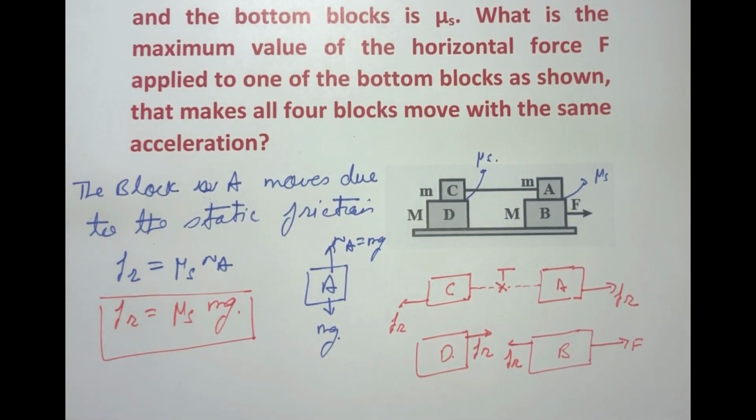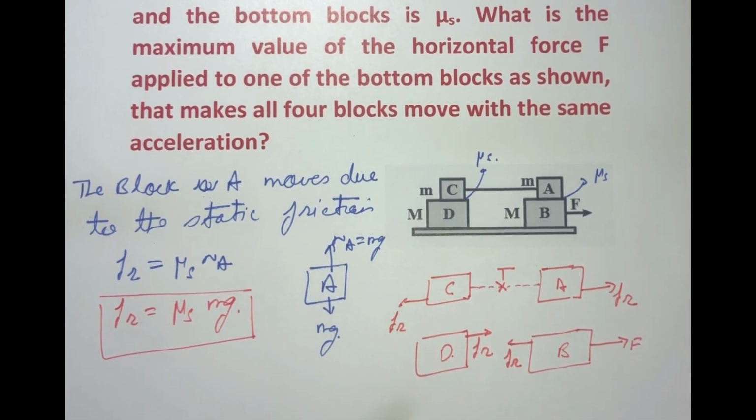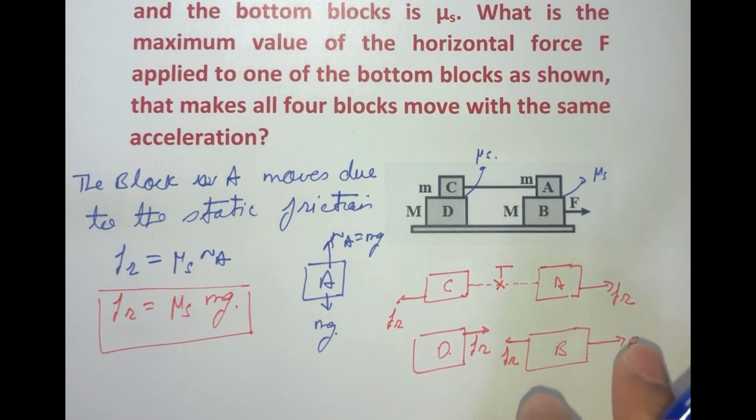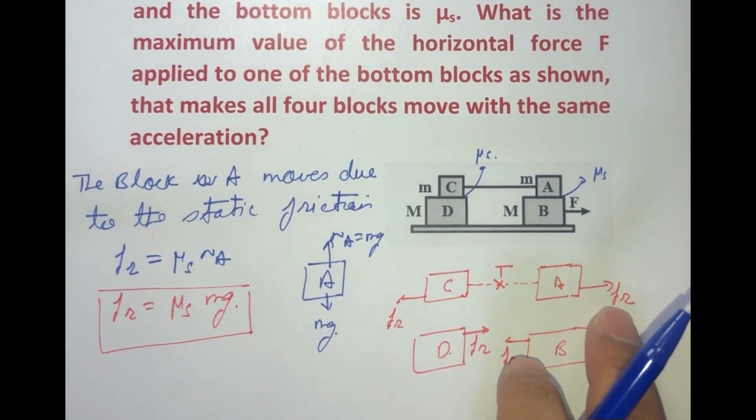Now we are going to find out the maximum value of the force. If the force F is to be maximum, obviously this Fr will be at its maximum capacity.